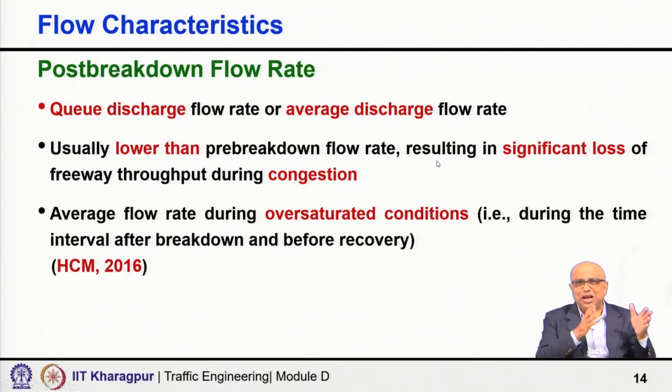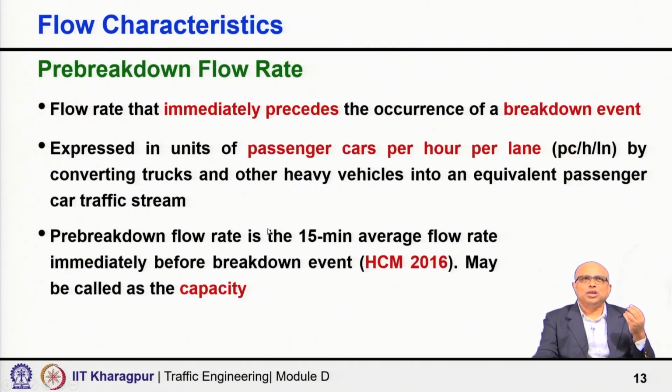This is when the queue has been formed in the 3-lane section because of the excess demand, in excess of the 2-lane capacity at section B. Whatever flow we are getting through section B while the queue is there is actually the queue discharge flow rate, and this is definitely going to be somewhat lower than the pre-breakdown flow rate.